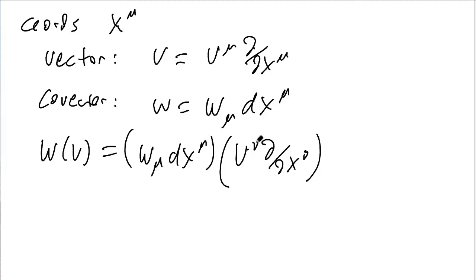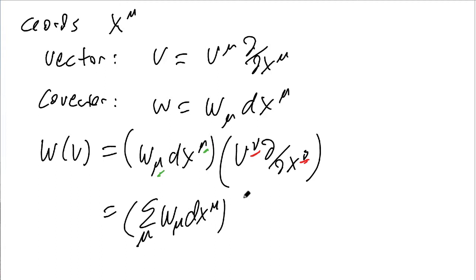Now, the reason I changed the index on the components of v from mu to nu is because I didn't want these indices to be confused with these indices. Right? These are separate sums. This is really the sum over mu of w mu dx mu.